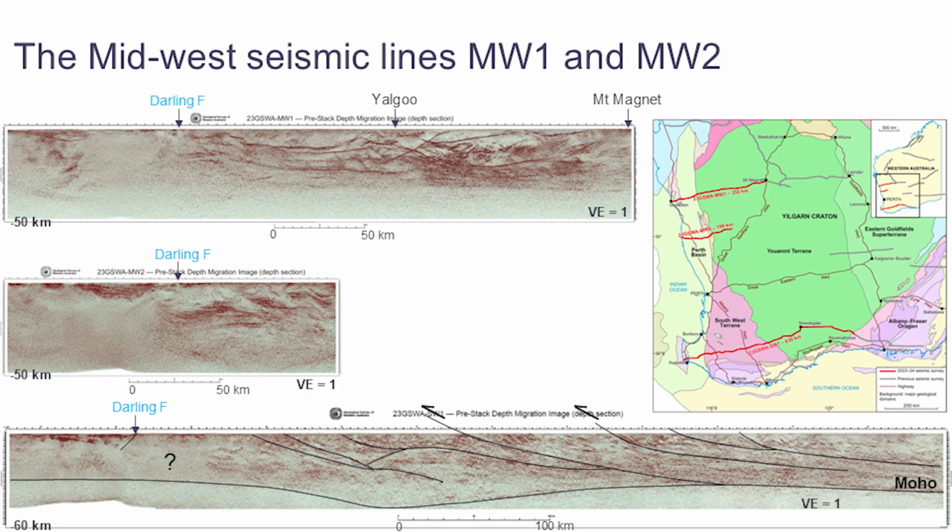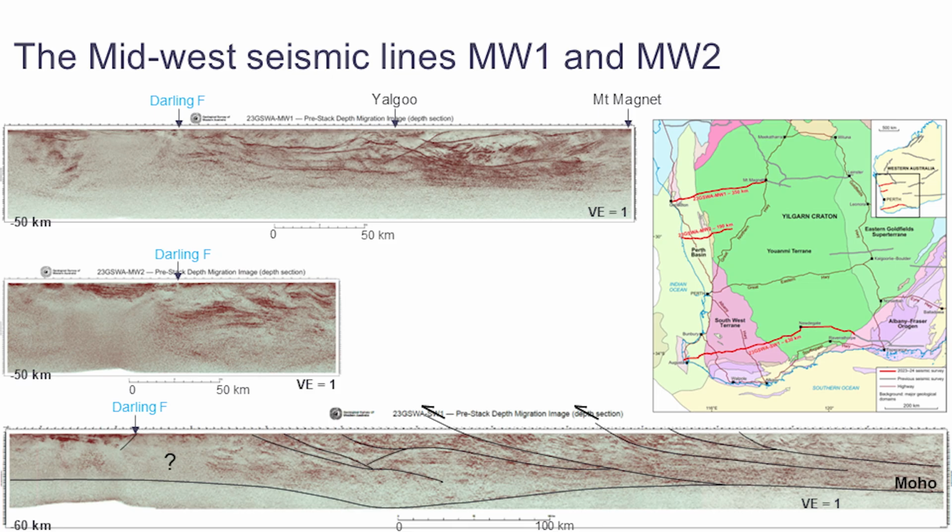Something else that is really striking when we look at Midwest 1 is the stark contrast in seismic character of the lower crust along strike. We go from a really highly reflective lower crust with subhorizontal to gently west dipping reflectors in through here to a seismic character that is really widely different on the other side.